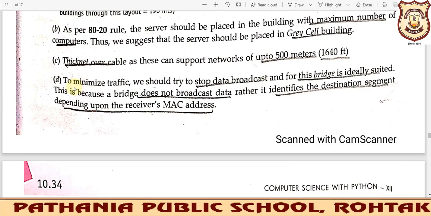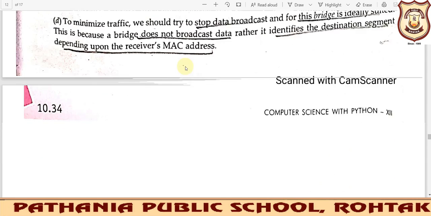If you want to minimize the traffic, you should stop the data broadcasting. So for this we will go with the bridge. Hub is broadcasting the data to all, so we'll not go with the hub. The best choice is the bridge, because a bridge does not broadcast any data and sends the data directly to your destination.